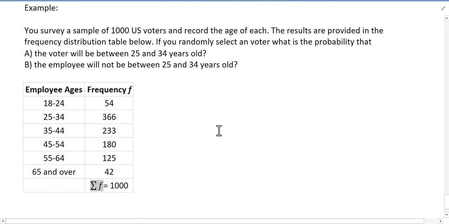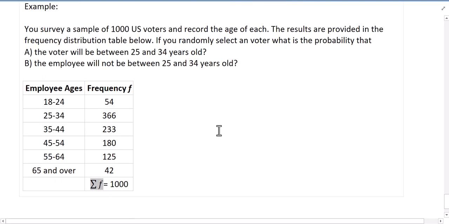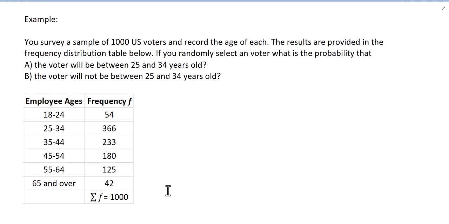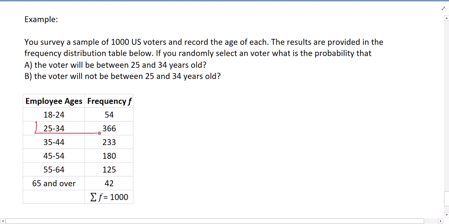You survey a sample of 1,000 US voters and record the age. The results are provided in the table below. For part A, what is the probability that the voter will be between 25 and 34 years old? I know there's a total of 1,000 in the frequency distribution table, so I can just find the 25 to 34-year-olds. That's this entry, so there are 366 voters in that age range.